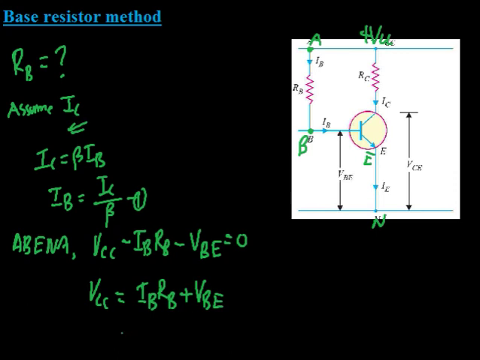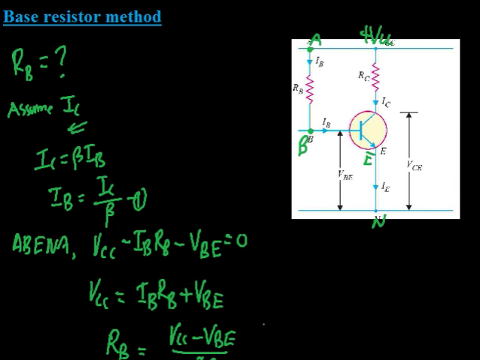So from this equation we can write RB is equal to VCC minus VBE divided by IB. The value of VCC is known to us because it is the voltage of the source connected in the circuit, and VBE is the base emitter voltage.